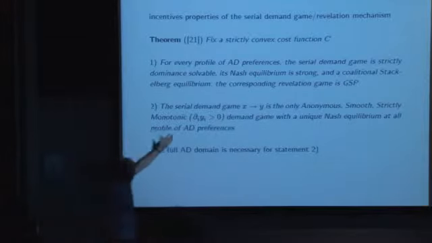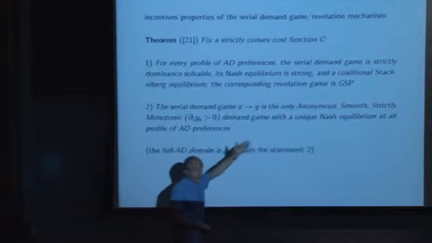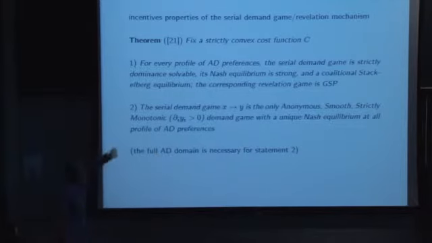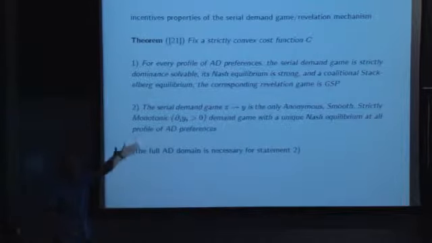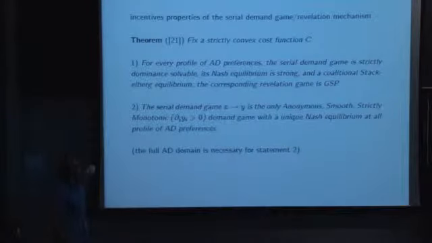And the corresponding revelation game is GSP. The trick here is that this mechanism will guarantee a unique Nash equilibrium, which is also strong, for every profile of Arrow-Debreu preferences. Okay.